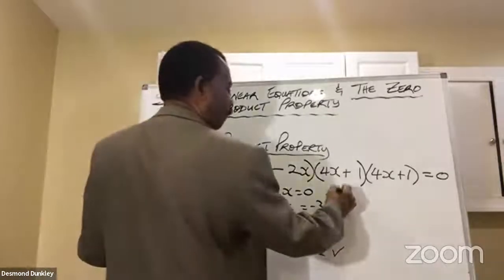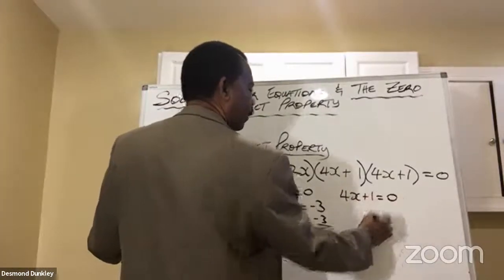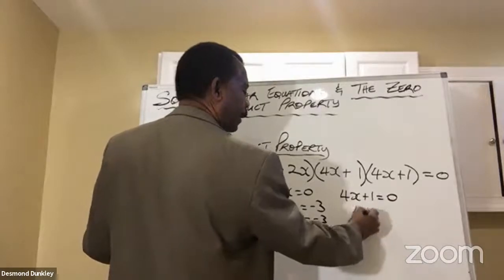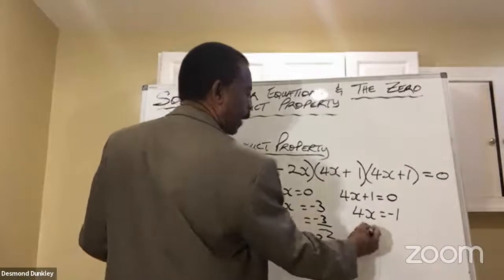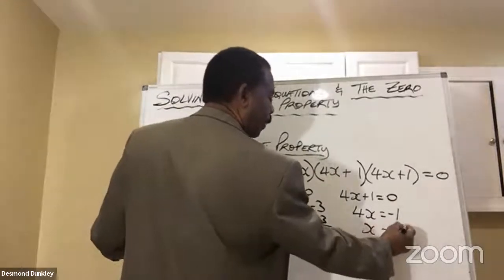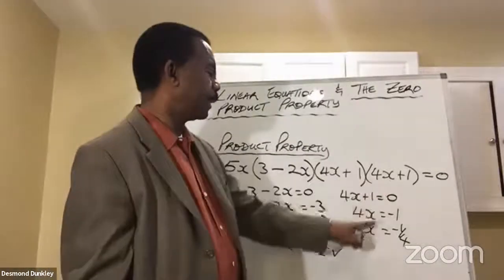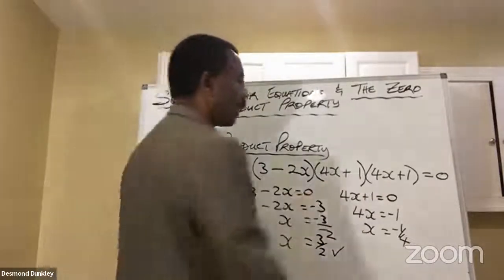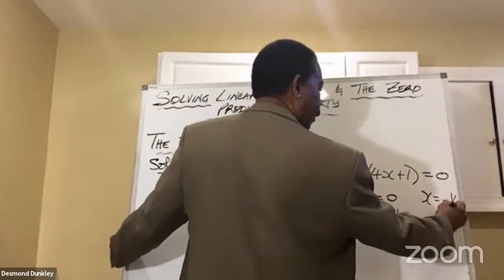Over here, 4x plus 1 equal to 0. So therefore, 4x equal to negative 1. Divide by 4, x is equal to negative a quarter. And since this is the same as this, you know that this one gives you x is equal to negative a quarter.